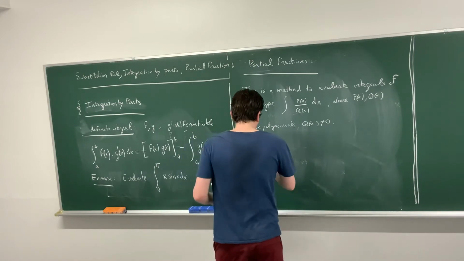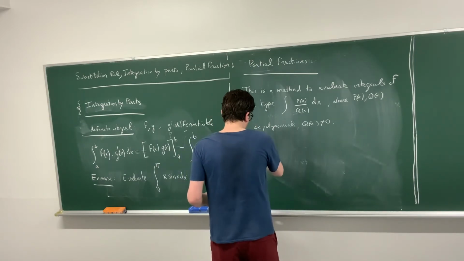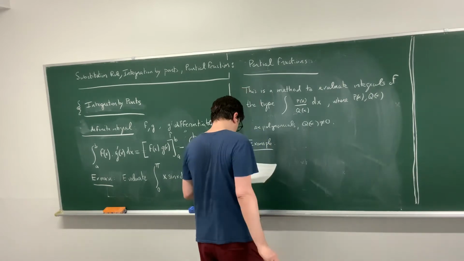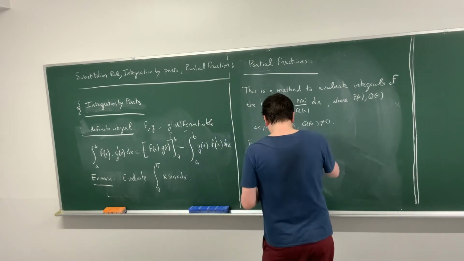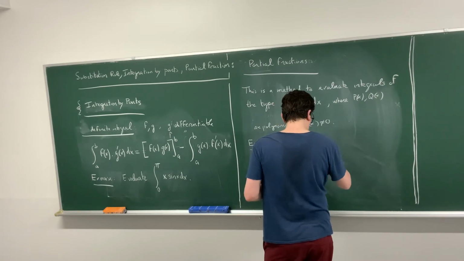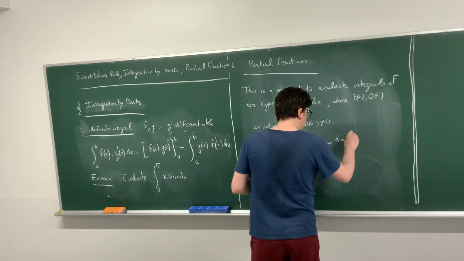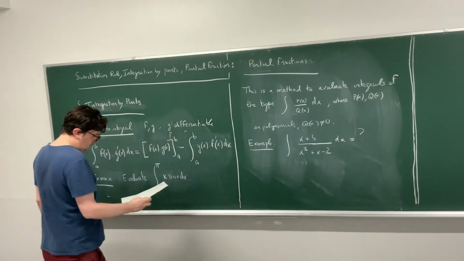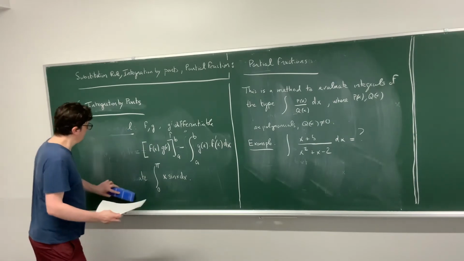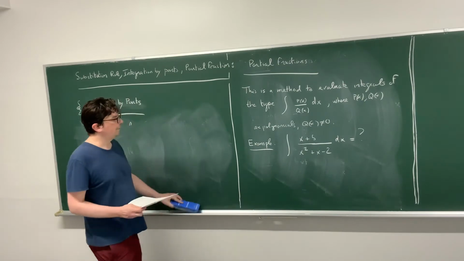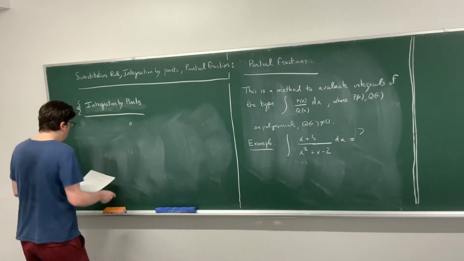Okay, so how can we integrate a rational function? Well, let me start with an example. Imagine that you want to integrate x plus 5 divided by x squared plus x minus 2 dx. Now, the trick: first of all, we are going to rewrite the denominator.